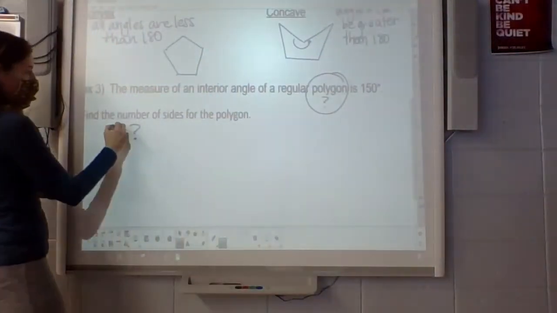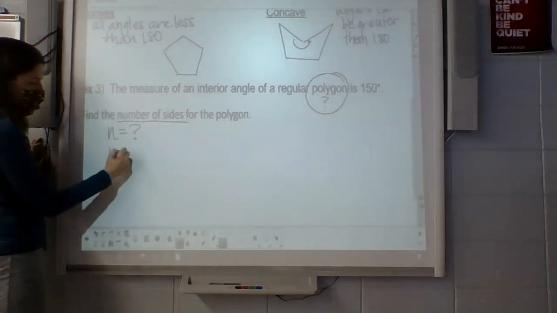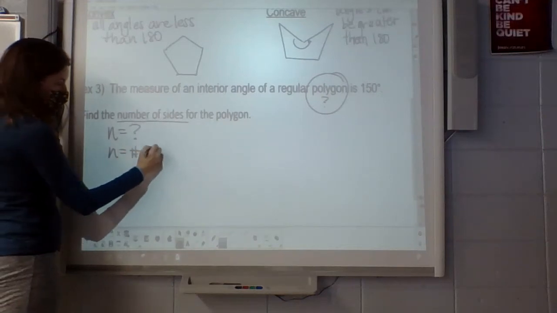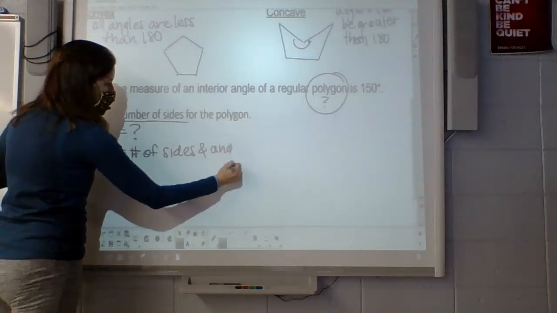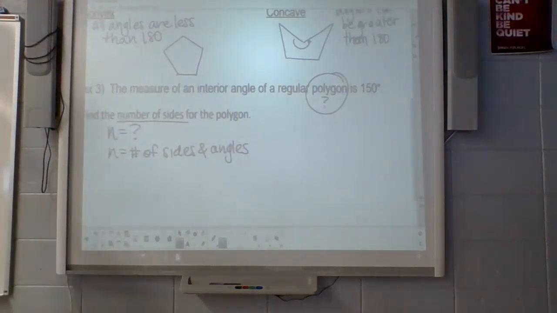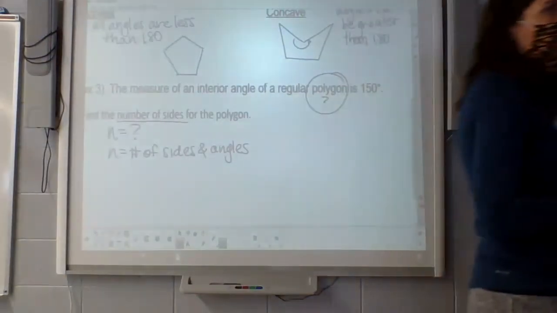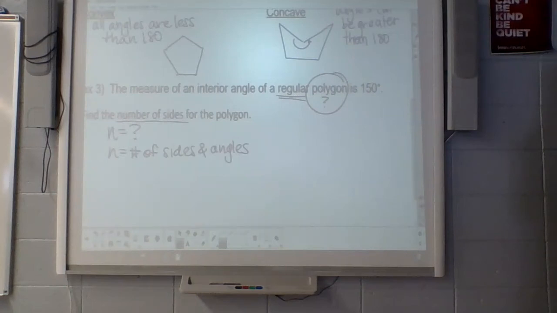If I'm looking for the number of sides, what's that also the same as? The number of sides is the same as the number of angles. Now, if one of the angles is 150 degrees, and I know it's a regular polygon, what do I know about all the angles?